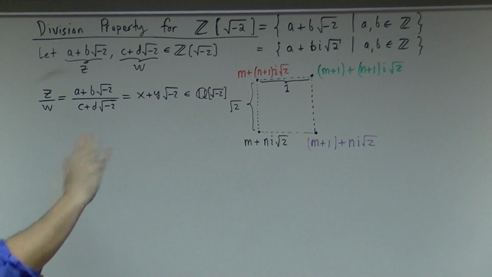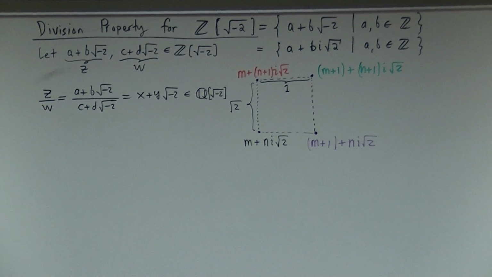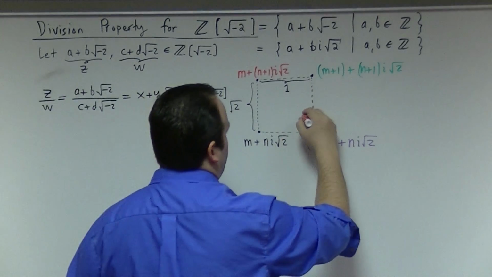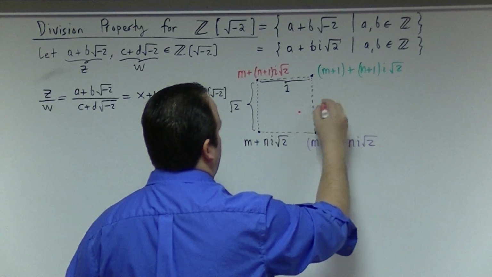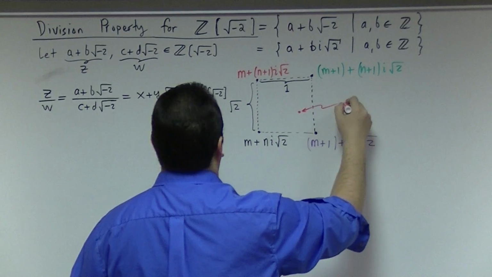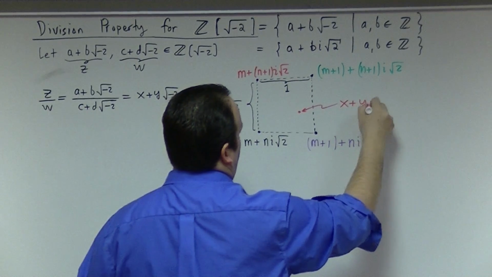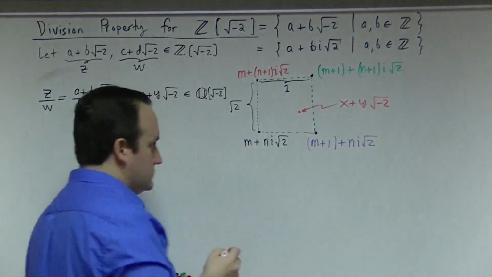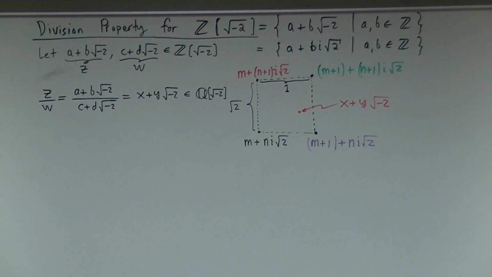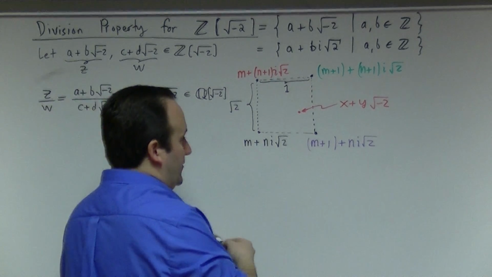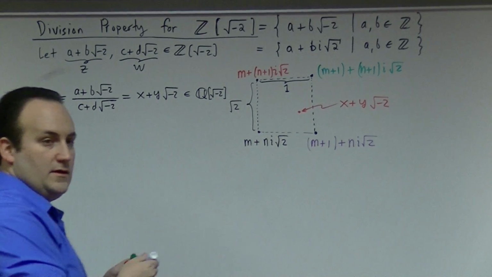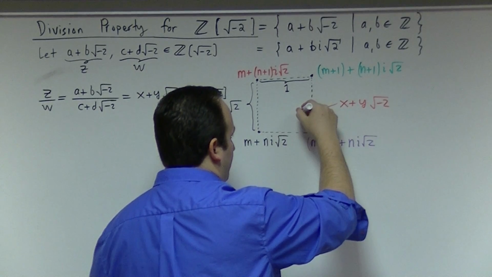That's just my picture. So there's my x plus y square root of minus 2, right? This allows me to choose a closest number in these quadratic integers, right? Like the closest quadratic integer here is the purple one, right? See that?